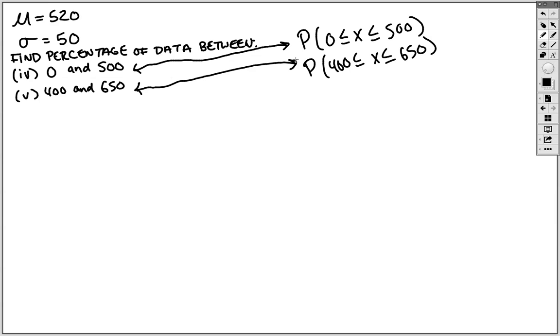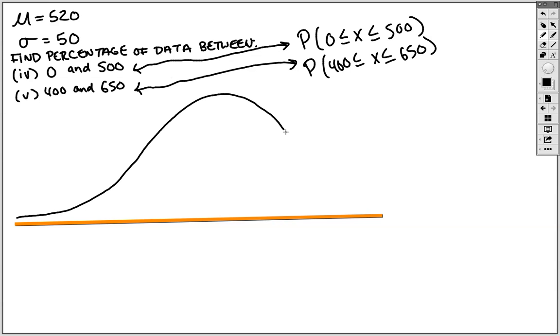Okay, so let me just draw a normal curve and explain why we have to standardize a variable here. So again, this is the mean, and the mean was equal to 520, and then one standard deviation. This is probably the worst normal curve I drew.